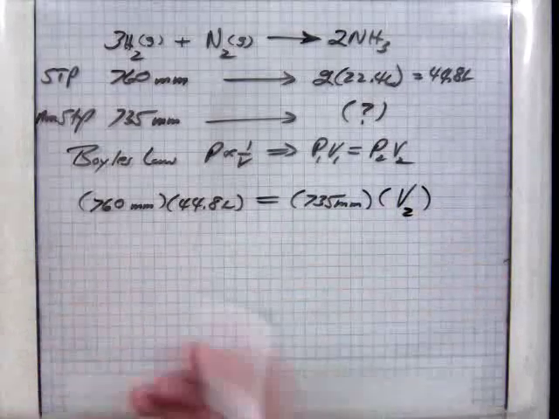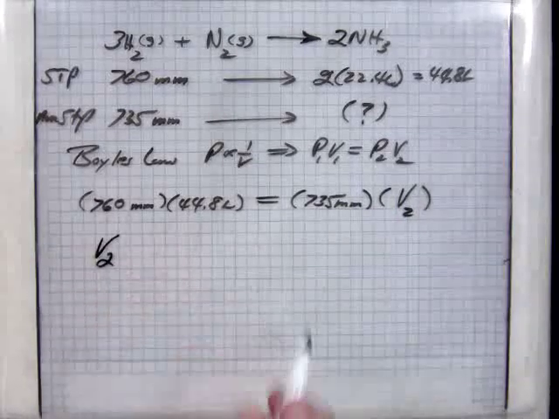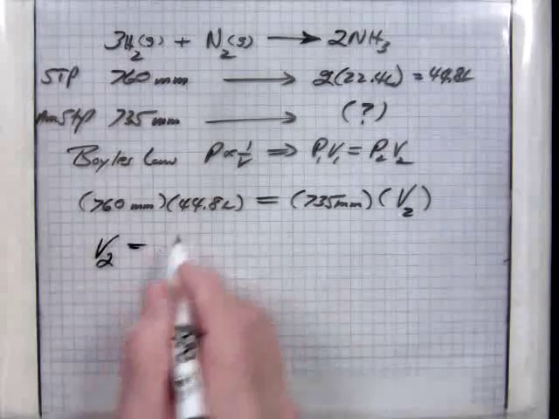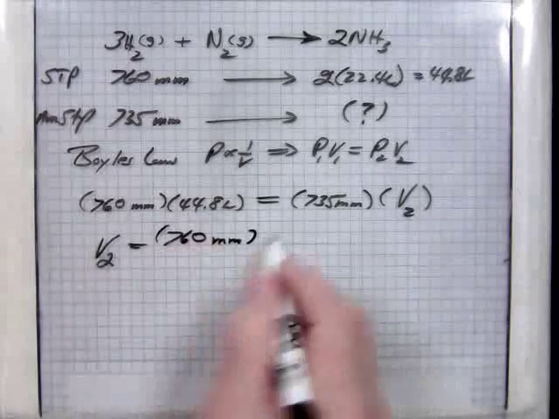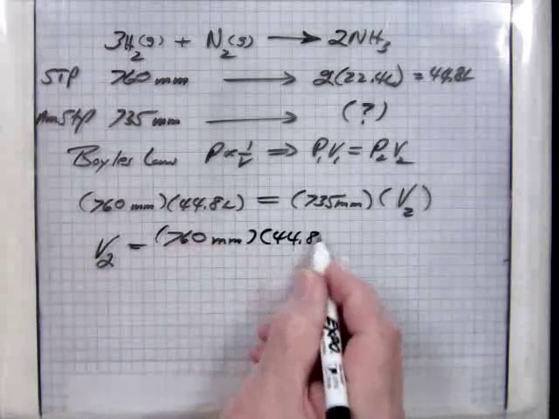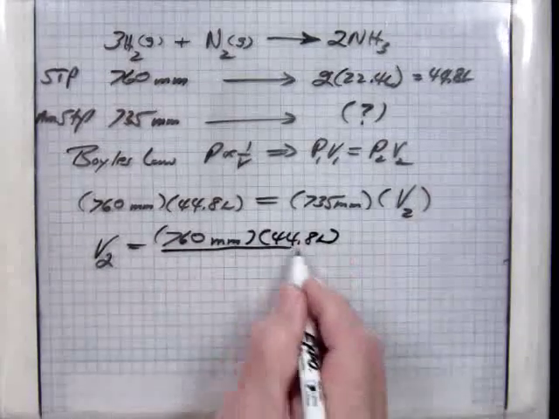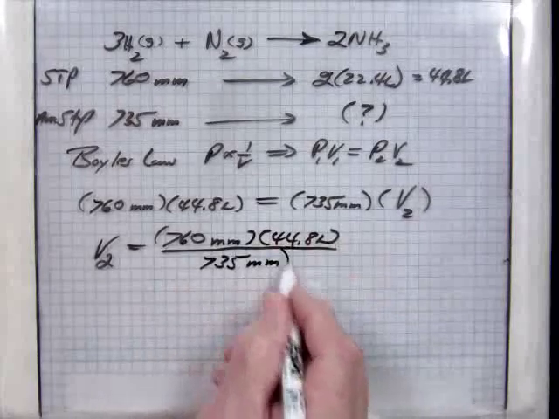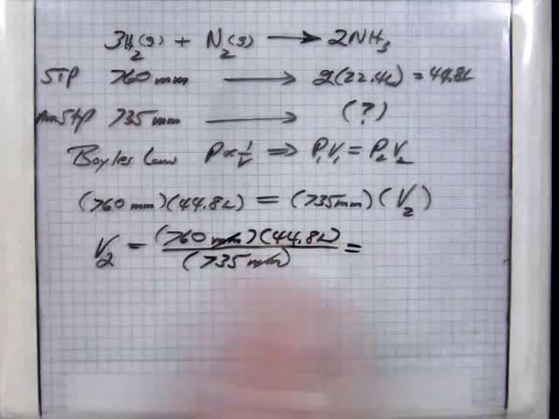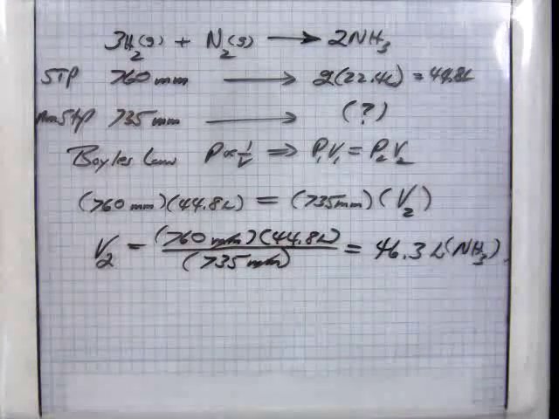And so solving for V2, 760 millimeters. Millimeters drop out. Back me up on this now. Make sure I'm not lying to you.